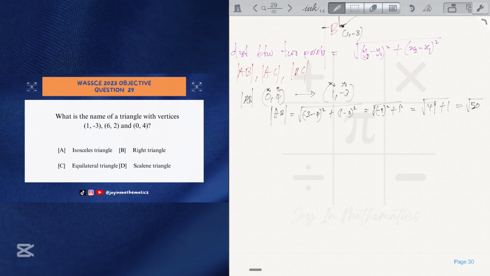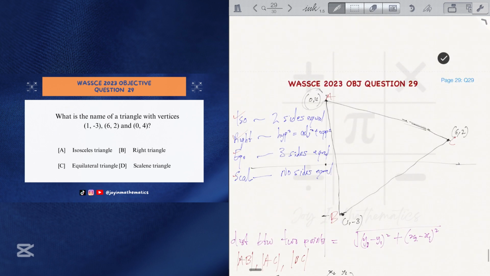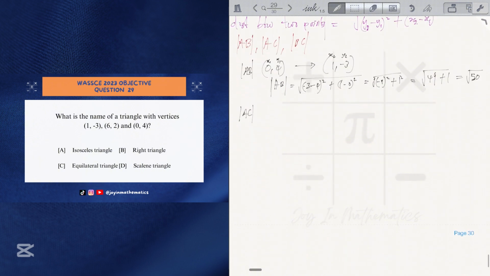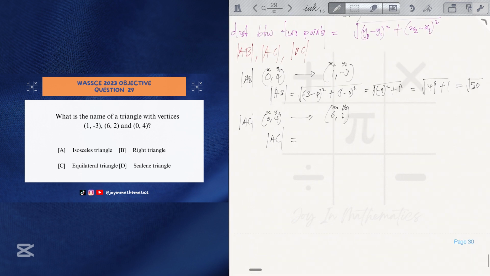Similarly, let's evaluate length AC. That means we are starting from A (0,4) going to C (6,2). So as usual, x1, y1, x2, y2, and we apply the formula of distance between 2 points, which is the square root of y2 minus y1 squared plus x2 minus x1 squared.